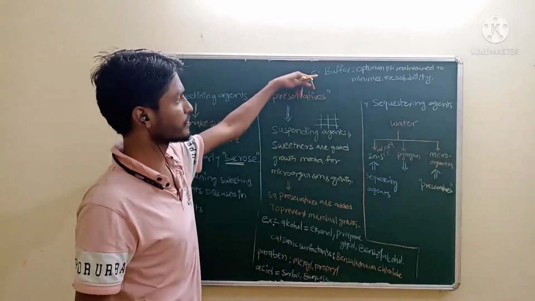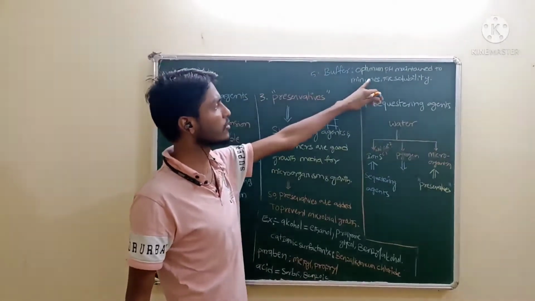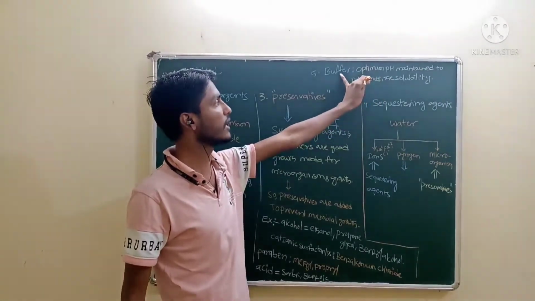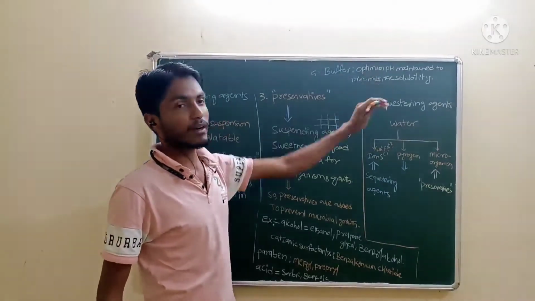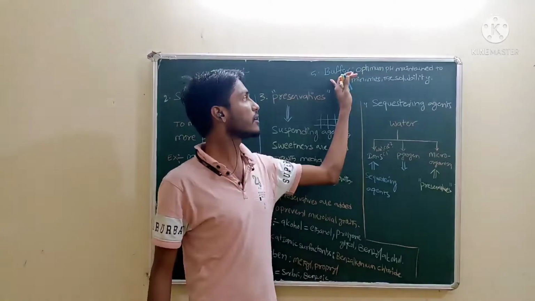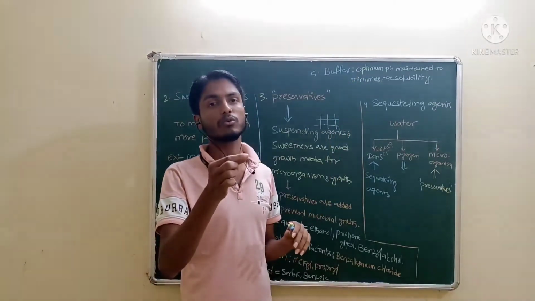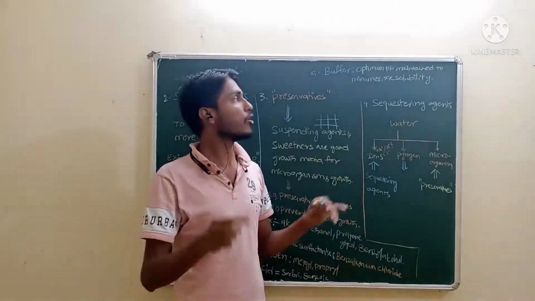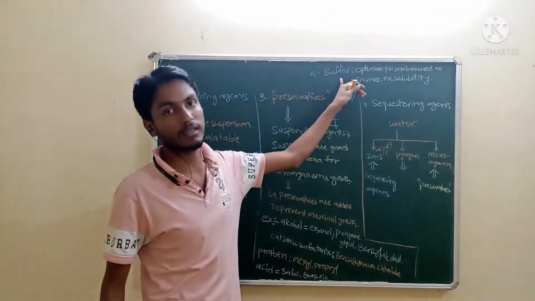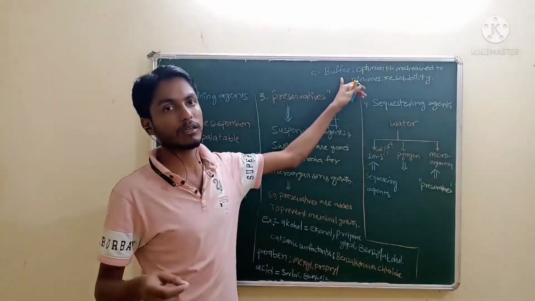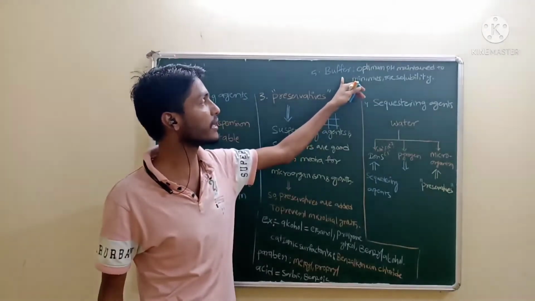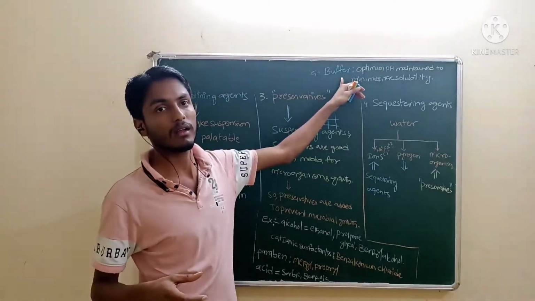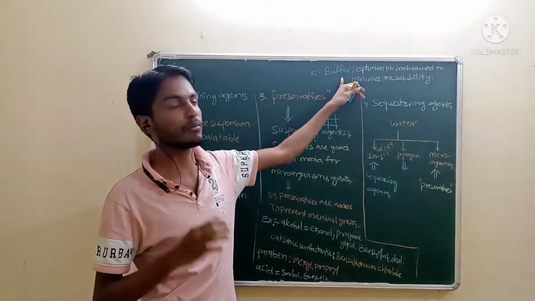Next one is buffers. Always remember, buffers are used in order to maintain the optimum pH. For a solution, we use buffers to maintain the optimum pH for proper solubility of the drug. For example, if a drug is soluble at pH 5, then we maintain pH 5. At pH 5, the drug is soluble.